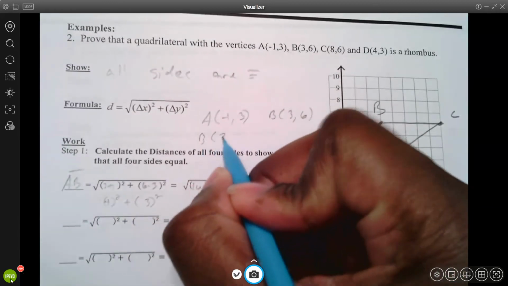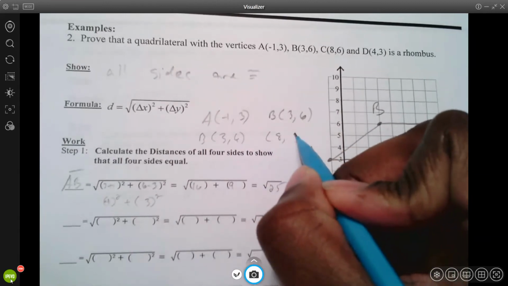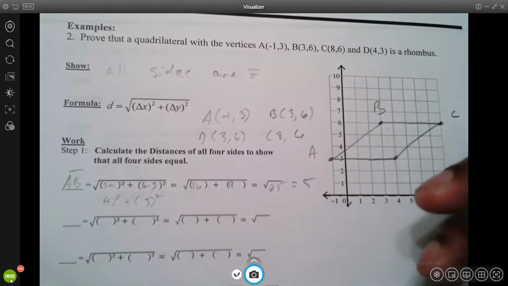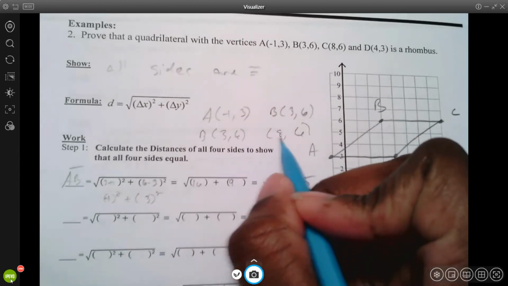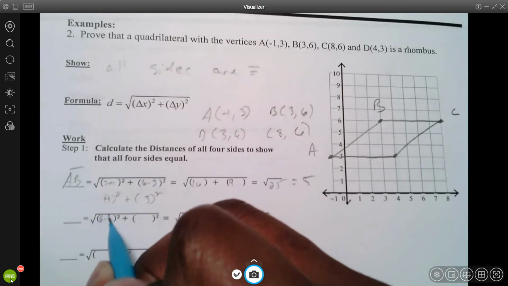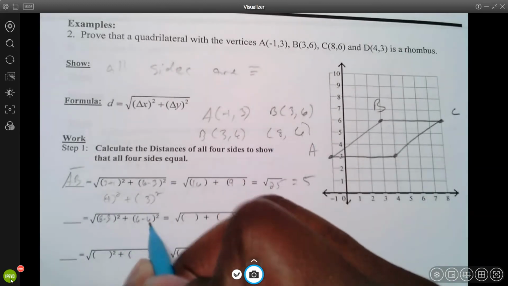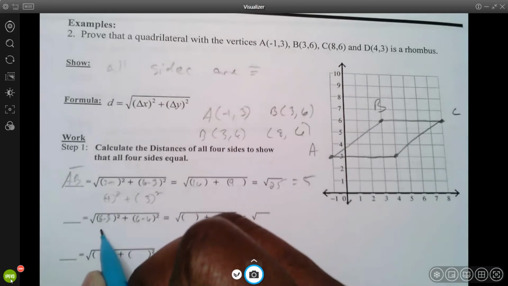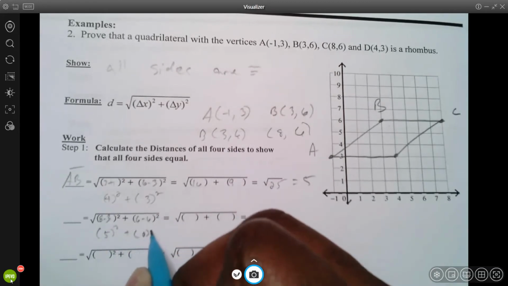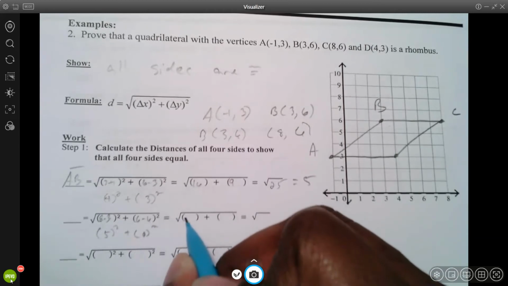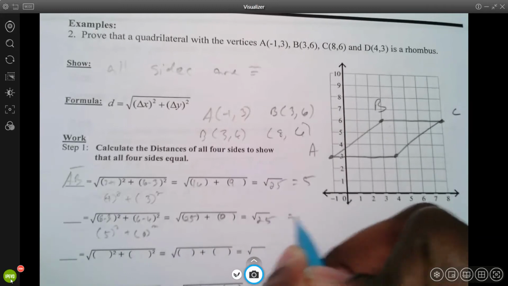And then I want to find the distance from B to C. So B is 3, 6. C is 8, 6. So starting off, this is 8 take away 3. This is 6 take away 6, which is 5 squared plus 0 squared, which is 25 plus 0, which is 25, which is 5.